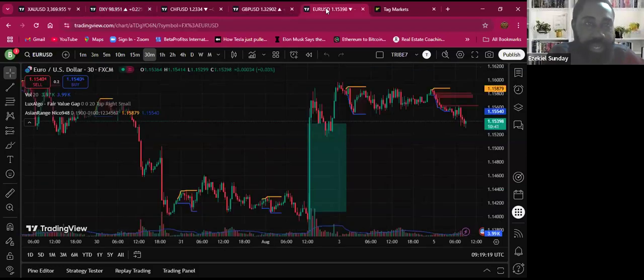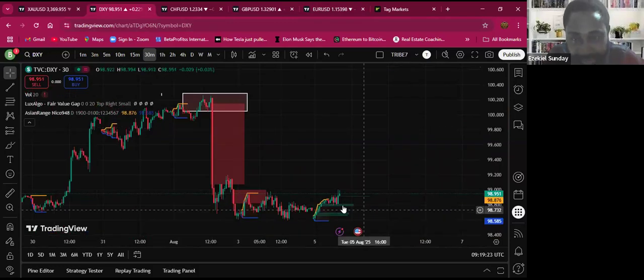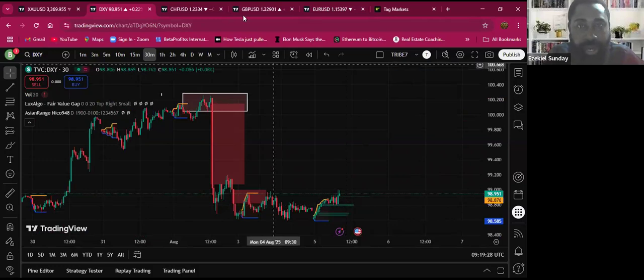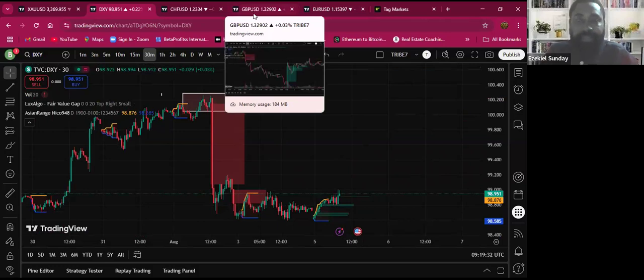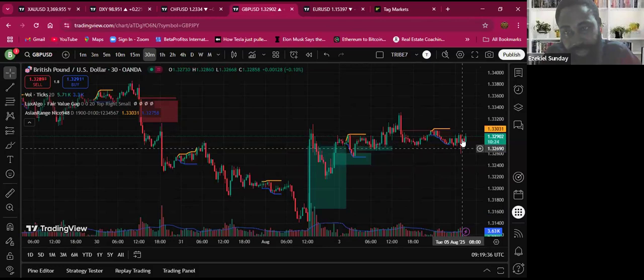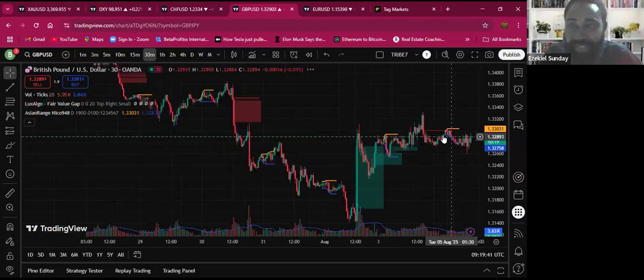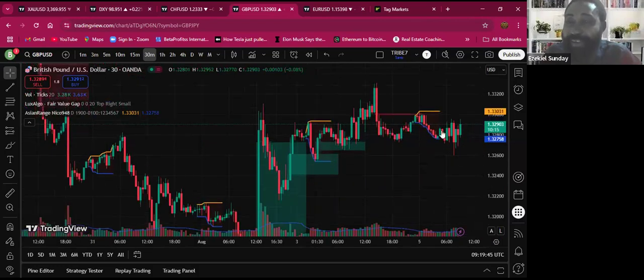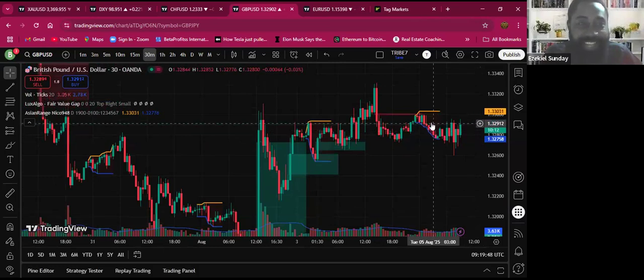And if the DXY is gaining strength, like right now, you can see it's actually gaining strength. So if I go to GBP/USD, you will see it's dropping. It's coming to this other side. I love the fact that I'm relating with this using my Asian range. I love it so much. See what's happening.